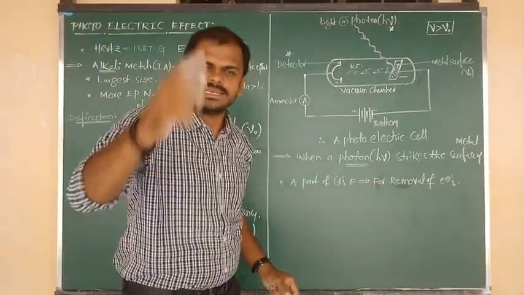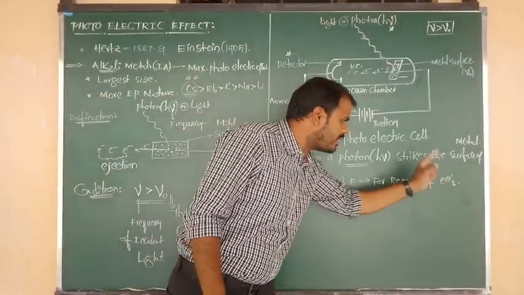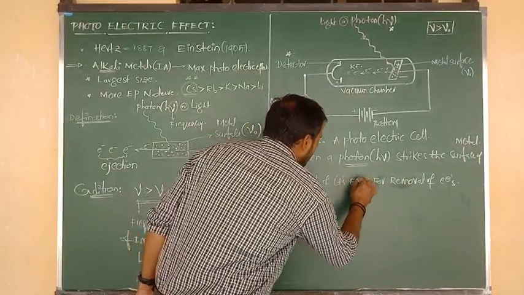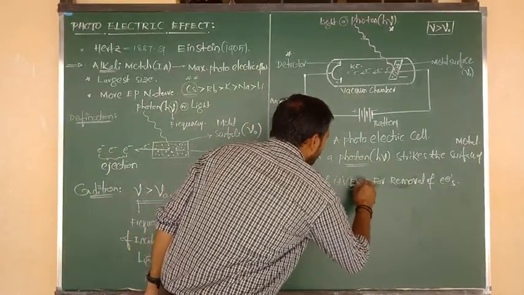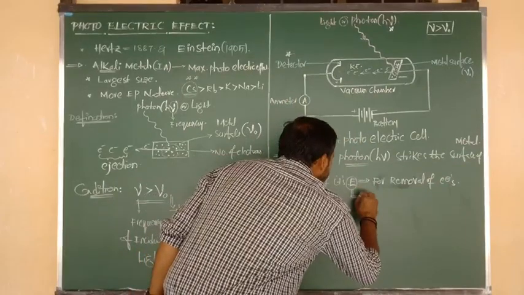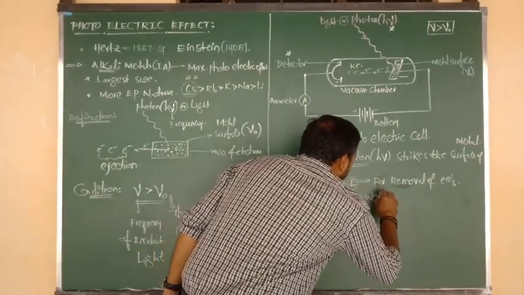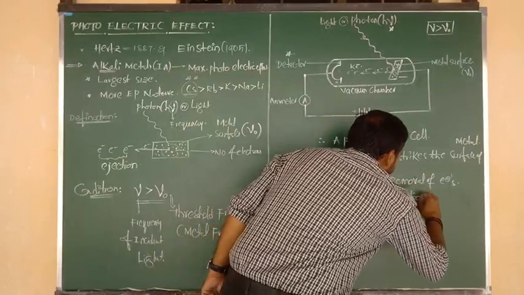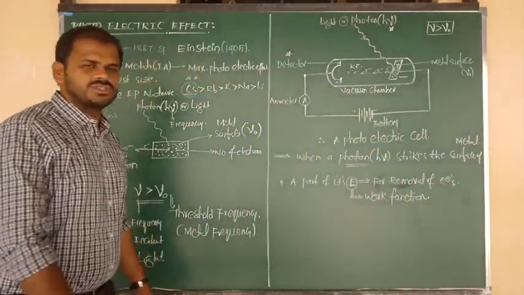That work function is equal to the energy required to remove the electron. So a part of its energy we are utilizing for the removal of what? Electron. So we have to say that such energy is equal to the work function.